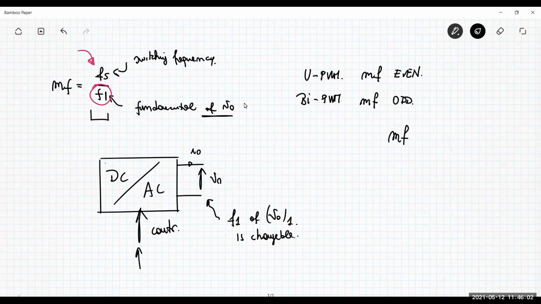indicating some specific threshold. In the literature, you can find that if MF is lower than 21, this number comes from specific analytical techniques that you can find, I think, in the book of Professor Mohan.